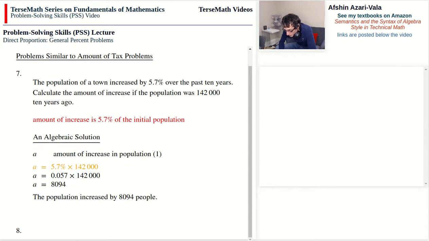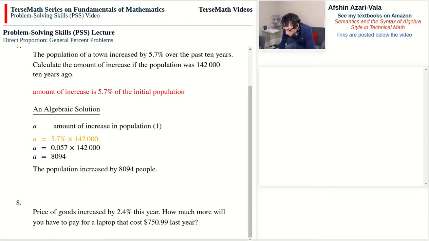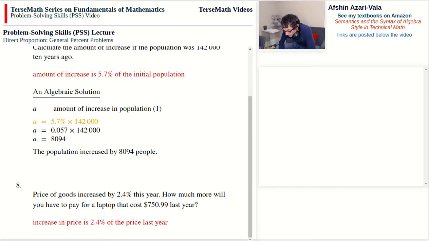Okay, next problem. Price of goods increased by 2.4% this year. How much more will you have to pay for a laptop that cost $750.99 last year? Here the key sentence is that the amount of increase in price, similar to amount of tax, is 2.4% of the price last year.